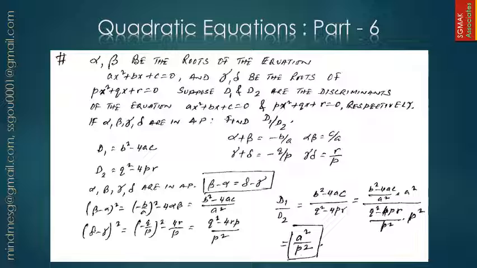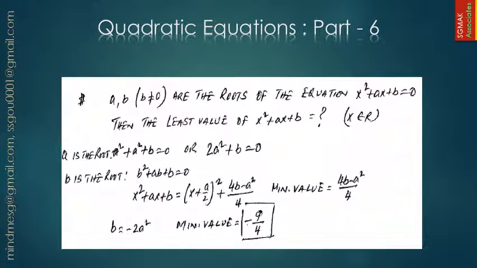Since alpha minus beta equals delta minus gamma, if you look at this ratio, you get beta minus alpha squared, b squared minus 4ac over a squared, equals q squared minus 4rp over p squared. So d1 over d2, the ratio of the discriminants, comes out to be a squared over p squared. You can see the simple algebraic manipulation. Move on.